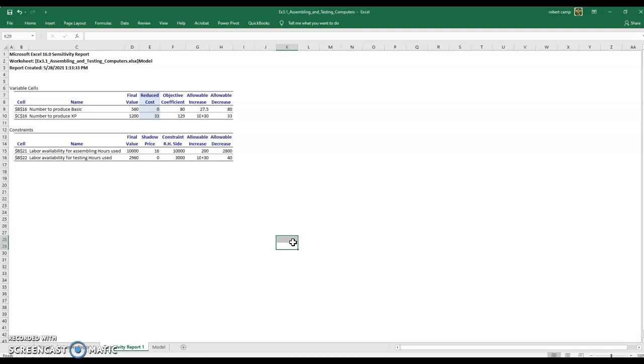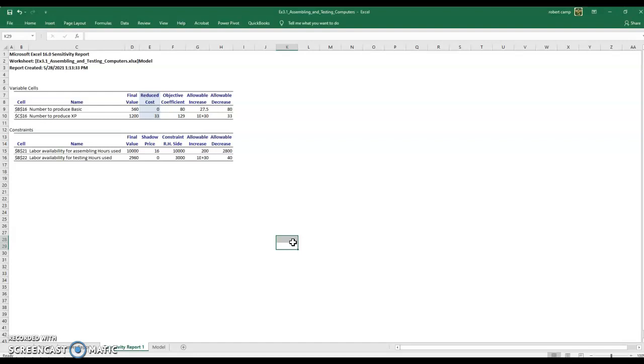It's got a 0. There is no amount of money that I could reduce the cost of the basic computer to change the mix that Solver's already given me. Because Solver is going to try to maximize those XP computers first, because we get the most profit from them.